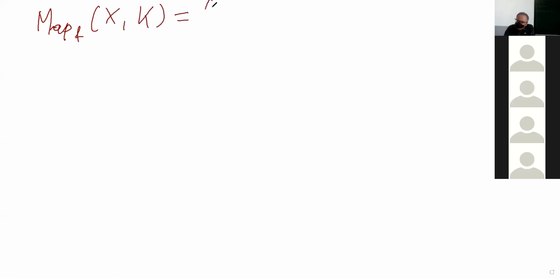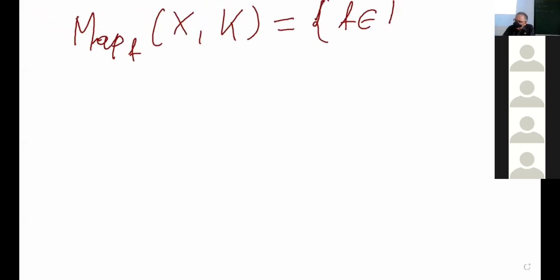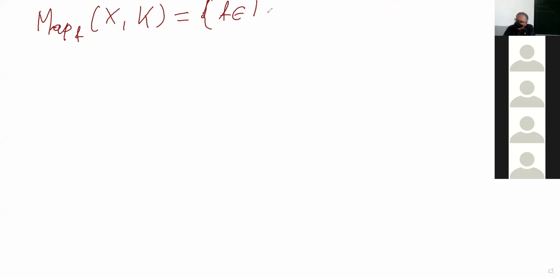Okay, so I'm going to use this functor, which I defined for you, the finitely supported maps. And remember, I defined it in huge generality. So I defined it as a set of all maps from X to K that are finitely supported.